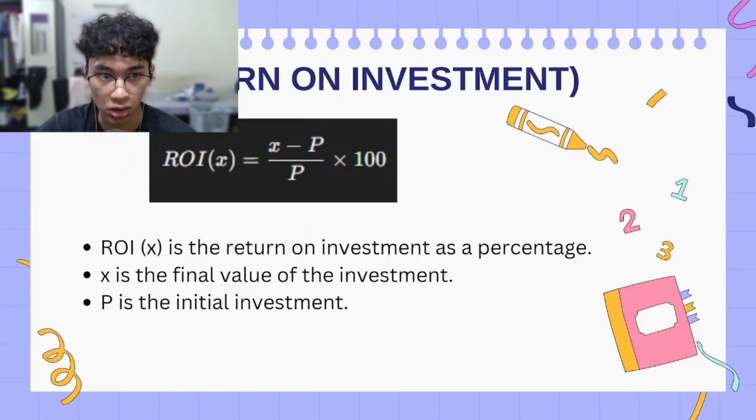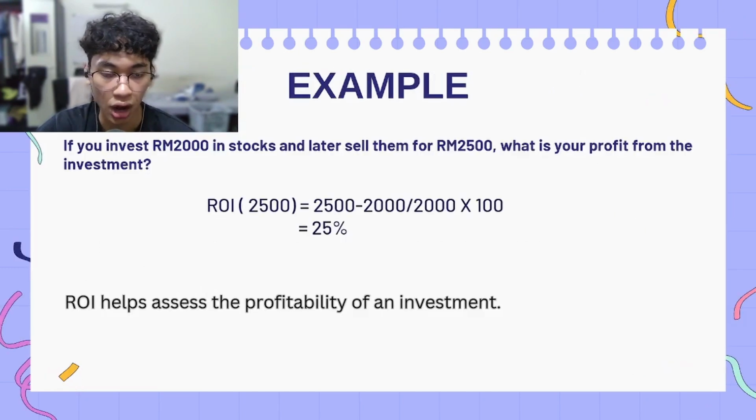With the formula just now, we sub in 2,500 ringgit as X, minus 2,000 as P, divided by 2,000, times 100, and we will be getting 25%. So ROI helps assess the profitability of an investment.